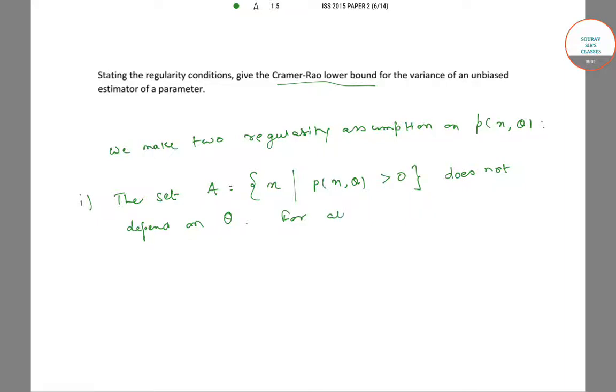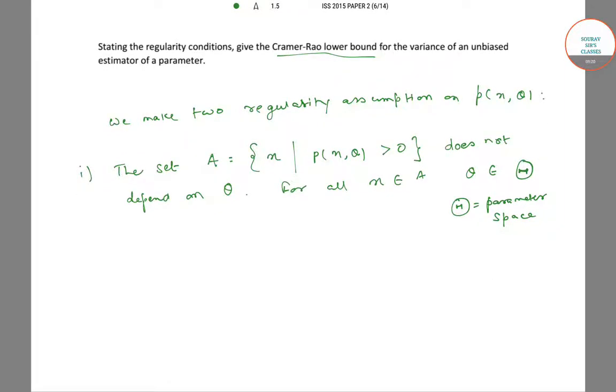And for all x which belongs to A and theta which belongs to the parameter space, we will have d/d theta of log p(x, theta) exists, that is, d/d theta of log p(x, theta) exists and is finite.